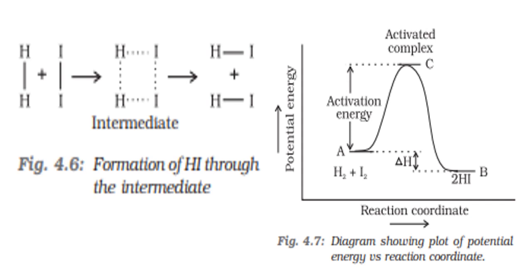This is a diagram which shows potential energy versus reaction intermediate. Here reactants H2 and I2 react together to form an activated complex C, which on decomposition gives two molecules of hydrogen iodide.